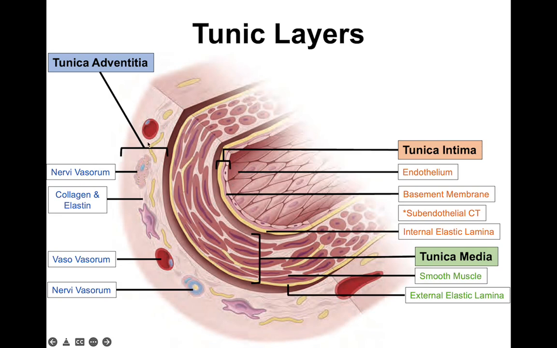It's relatively far from the lumen, so it needs its own blood supply and innervation. So the blood vessels that supply a blood vessel are known as vasa vasorum, and the nerves are known as nervi vasorum. So the vasa vasorum and nervi vasorum are found in the tunica adventitia. It's a connective tissue layer.